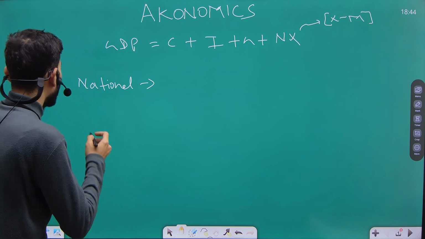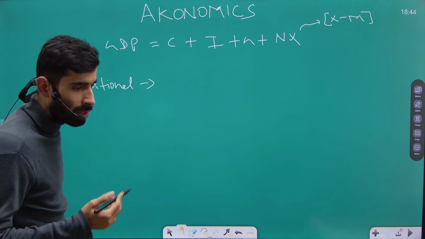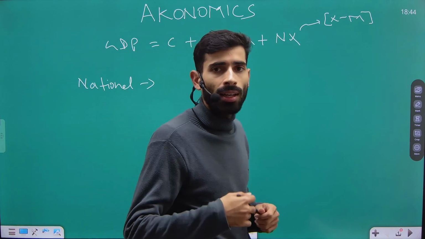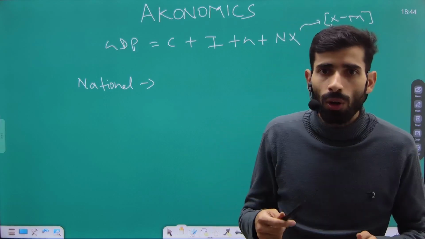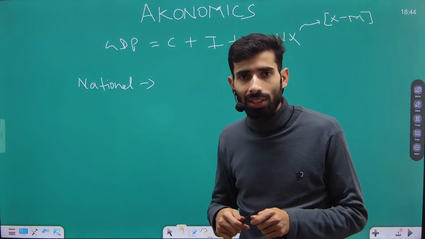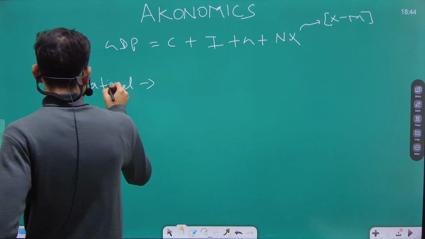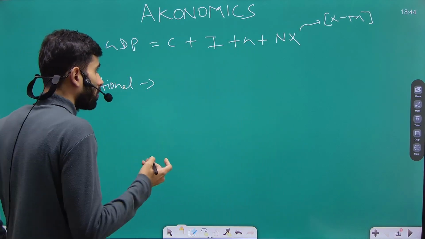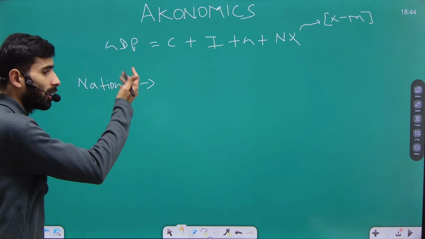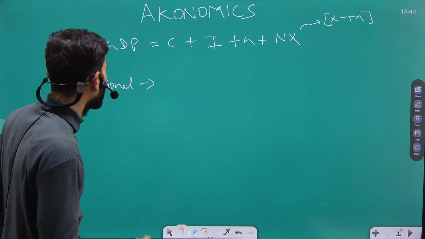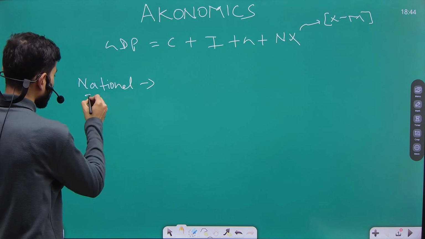So if a resident of a country is producing some goods or services in a foreign country, that will also be included in our national income, which is excluded while calculating GDP. So there must be some additions to GDP and some subtractions from GDP to calculate national income.